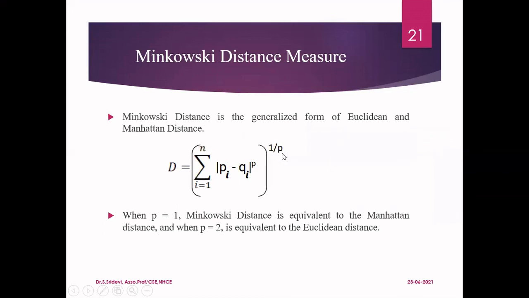In this case, why are we calling this a generalized form? Suppose I substitute p equal to 1, what will I get? Sigma i equal to 1 to n of the absolute value of Pi minus Qi power 1, whole power 1 by 1.